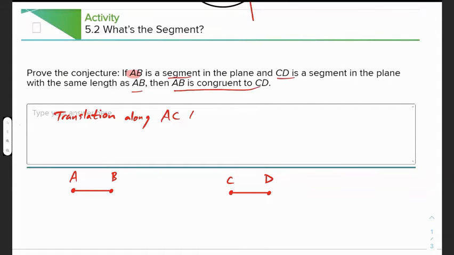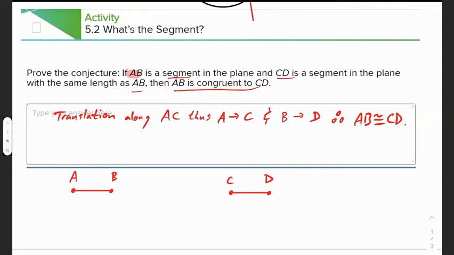Thus, A would map onto C, and B would map onto D. Therefore, AB is congruent to CD. So a translation would work.